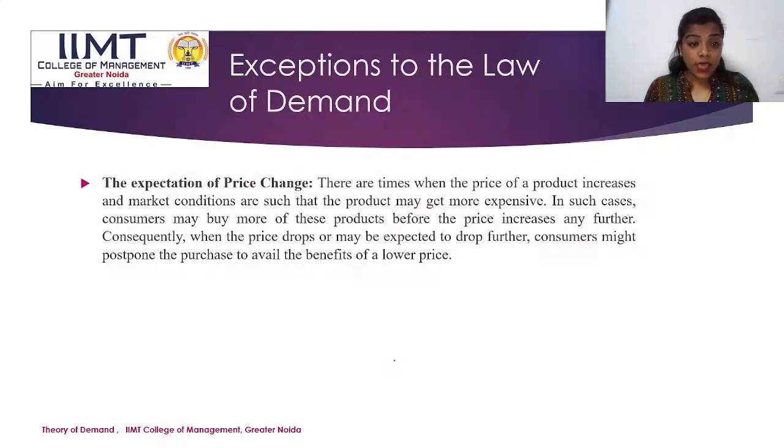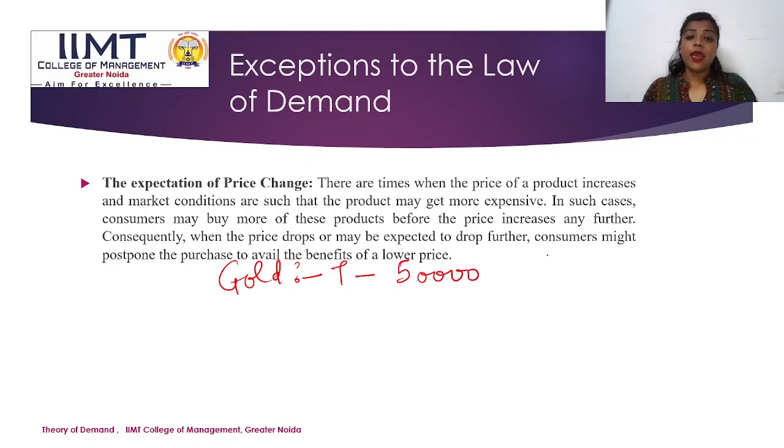And the next and the last point under exceptions to the law of demand is expectation of price change. Like if I talk about gold. If I say the price of gold today is 50,000 and it will be rising tomorrow, like tomorrow it will be 60,000, so the demand will rise today. The price is high today also. Earlier it was 45,000, right?